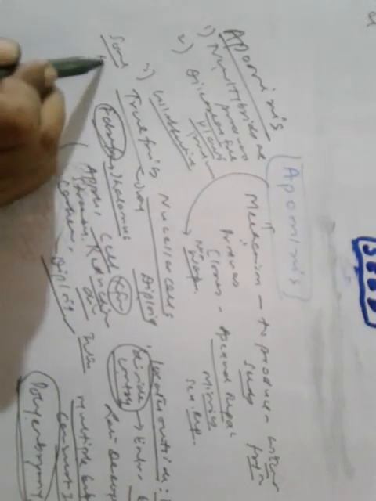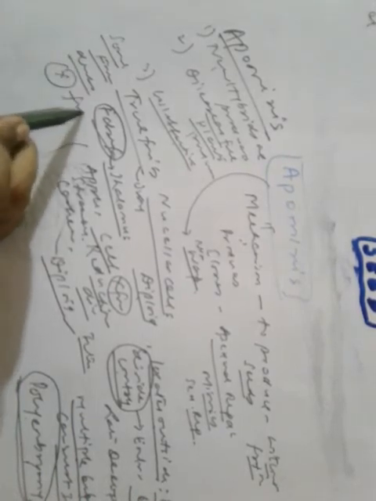Some fruits develop without fertilization. Such fruits are known as parthenocarpic fruits, and the example is banana.